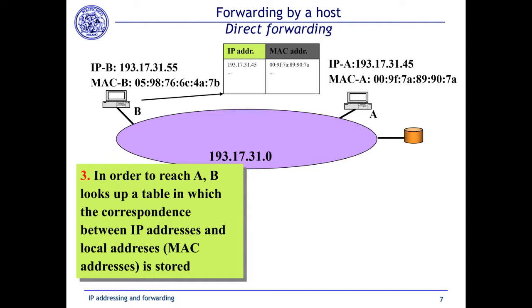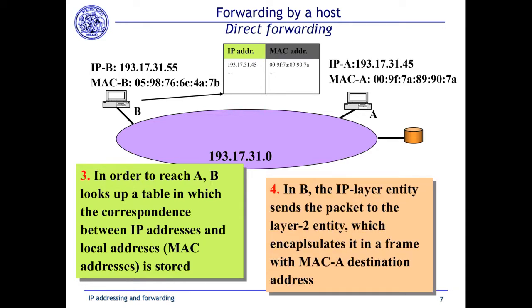So for instance, the entry related to the IP address of A contains the MAC address of A. Once this table is available, the IP layer in B can instruct the data link layer in B on where to send the frame.